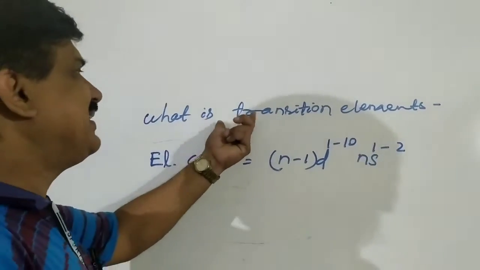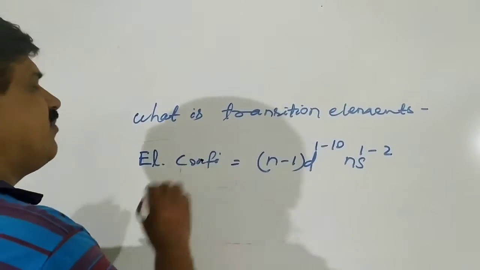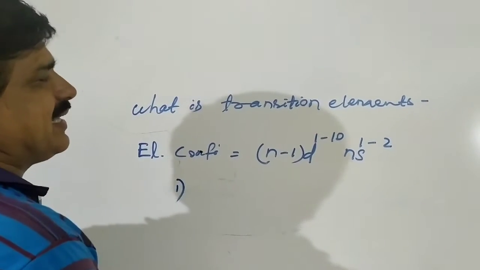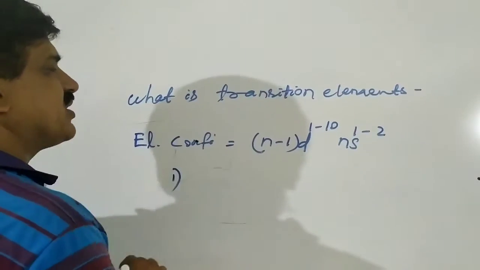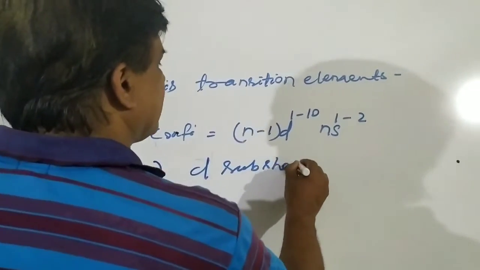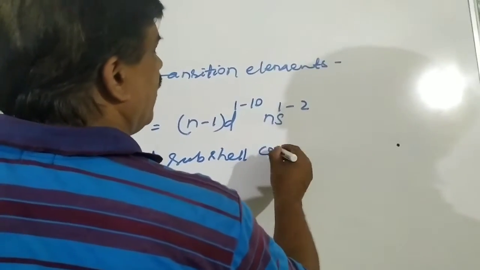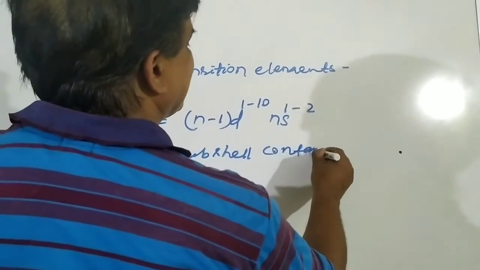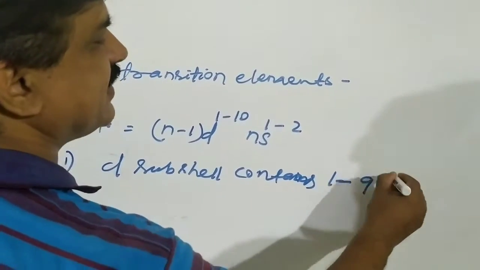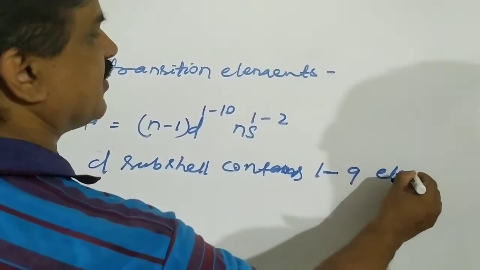The transition elements have incomplete d subshells. That means the d subshell contains 1 to 9 electrons.